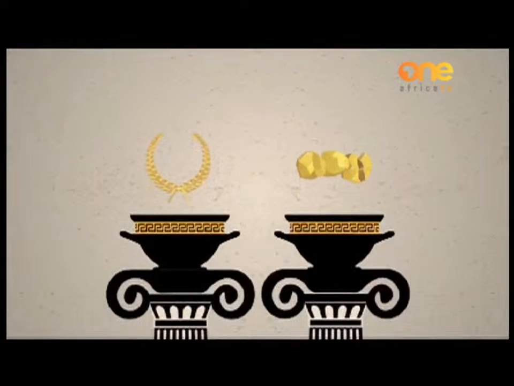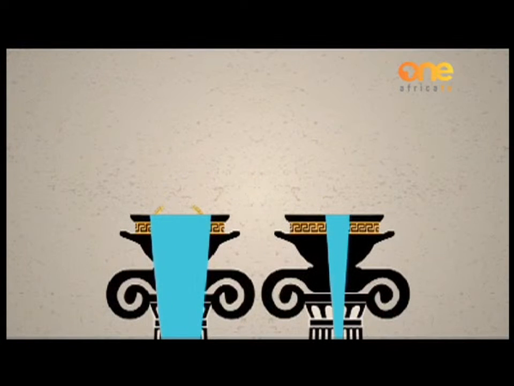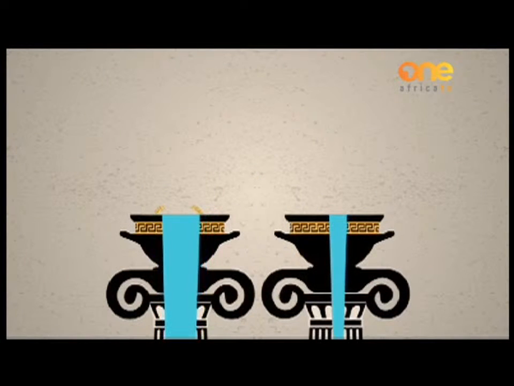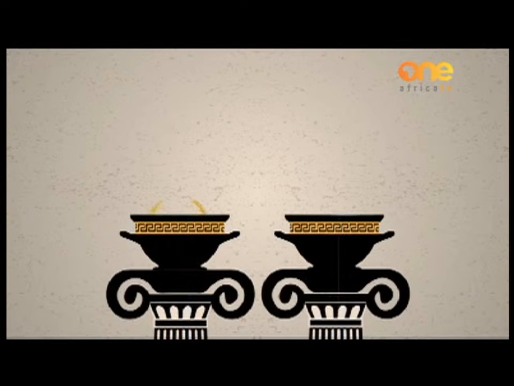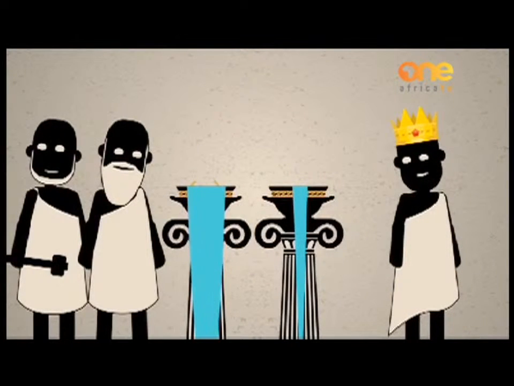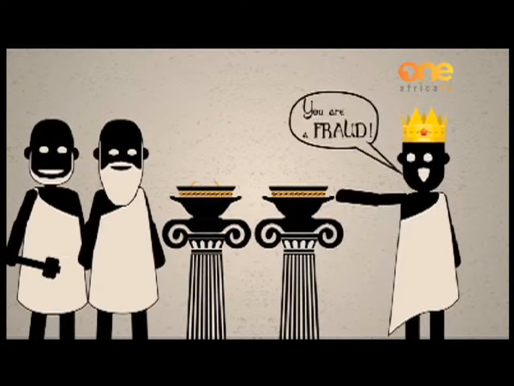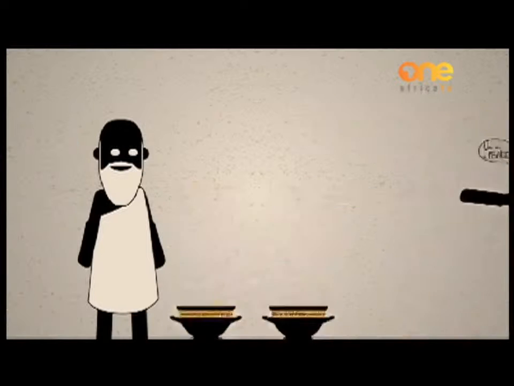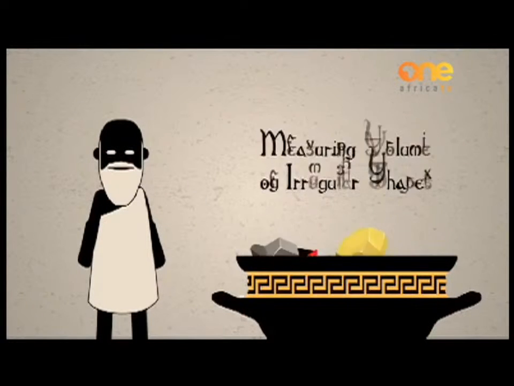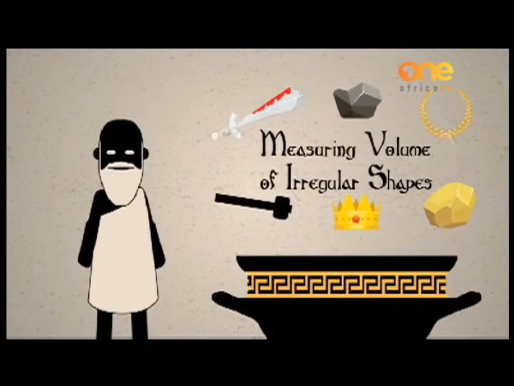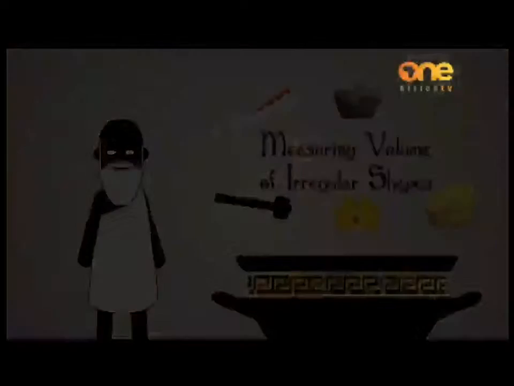However, this would make it displace more water than the original gold amount. When tested in front of the king, it did indeed displace more water than the gold, and the goldsmith was proven to be a fraud. Archimedes' method for measuring the volume of irregular shapes became famous, and the rest is history.